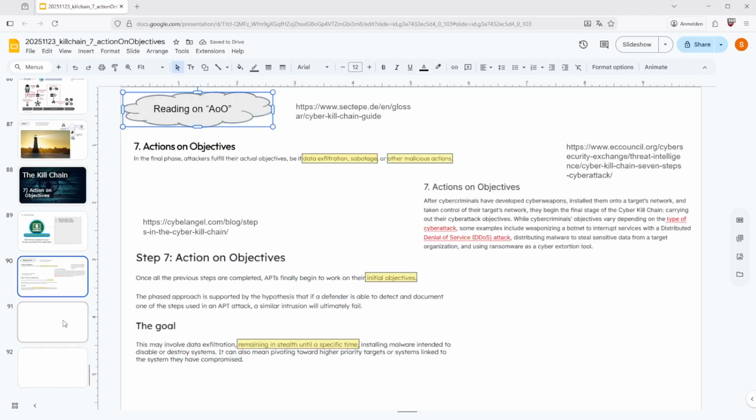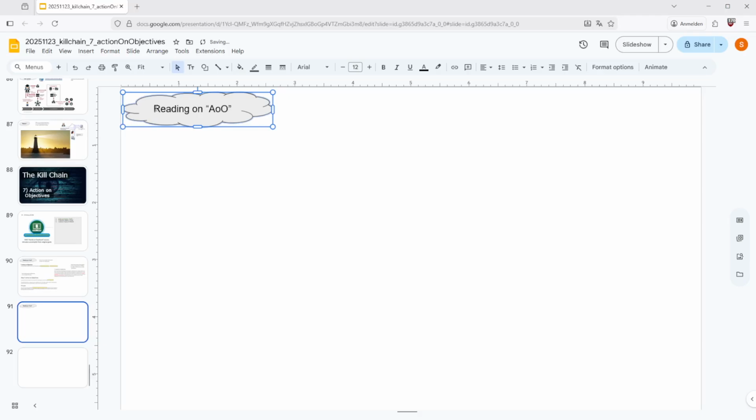Then let's copy this. Types of attacks. And this is again the action and objective. So the type of attack determines what the objective might be. It's not necessarily the case, of course, but it is still one way to look at it.